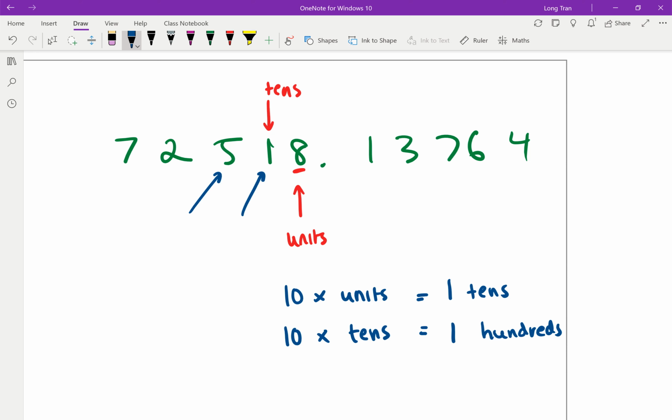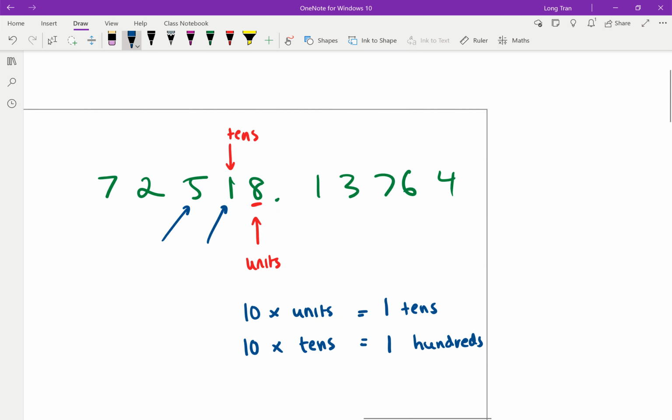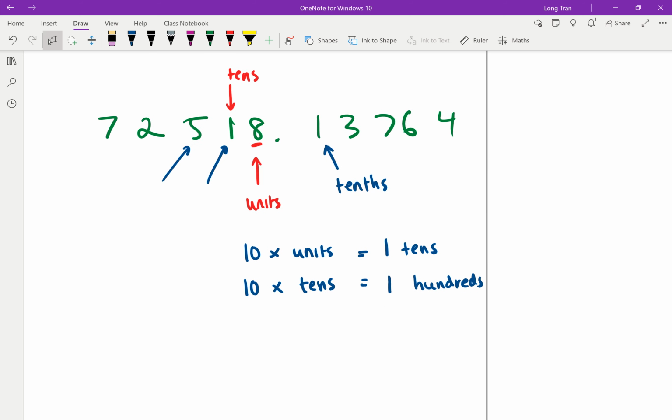Okay? Now, if I go into the decimal region, this is where students seem to have a vague understanding here. This is your tenths column, the THS, right? Now, my question is, how many tenths do you need to make 1 unit? So 10 again.